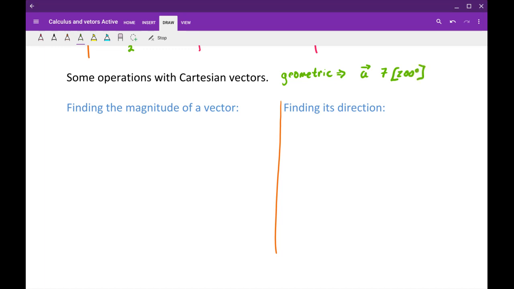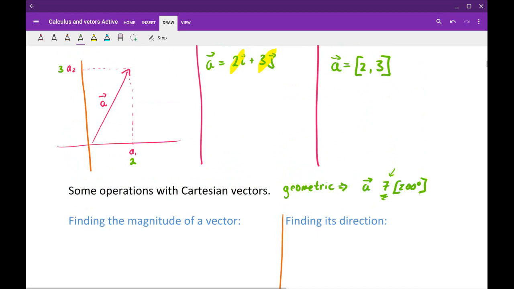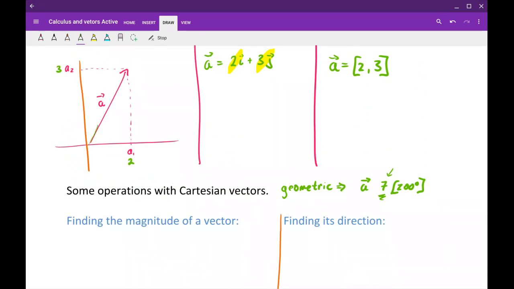Well, what's the magnitude of that vector? The magnitude of this vector is just 7. So how do you find the magnitude? Well, it's just sitting right there. Now the question is, how do I find the magnitude of one of these Cartesian vectors here?